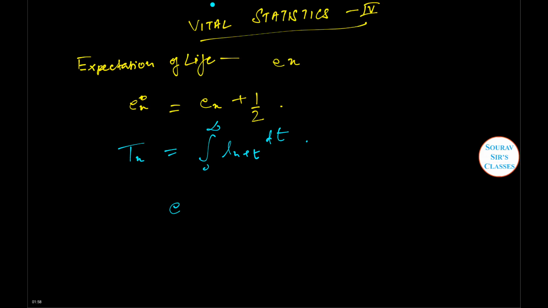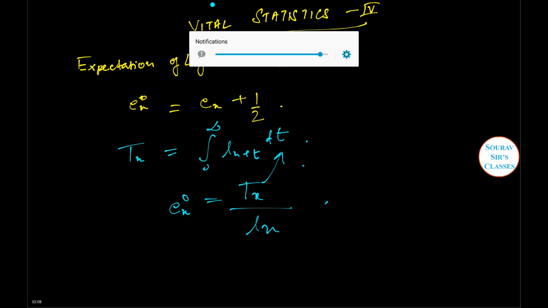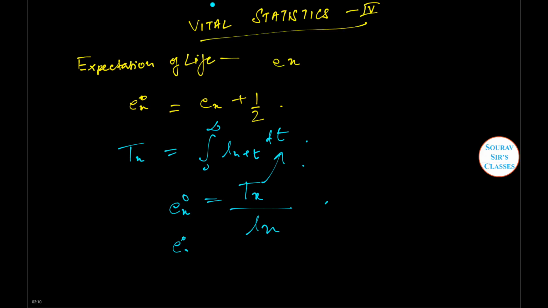The relation is E naught x is equal to Tx divided by Lx, where E naught naught is the expectation of life at the age 0, and it is the average age at death or the average longevity of a person belonging to a given community.